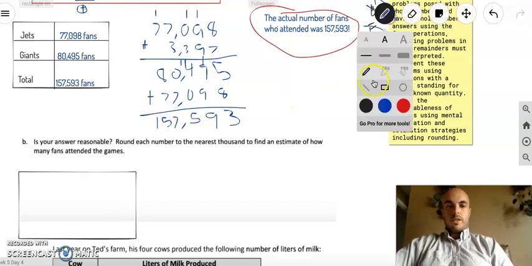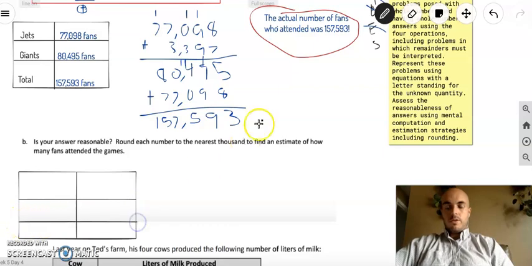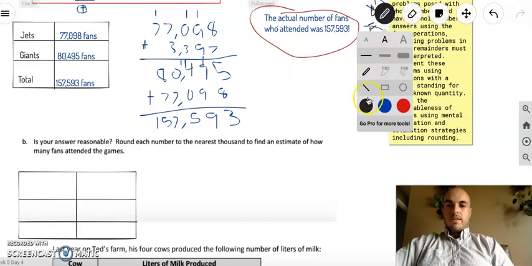So what I'm going to do for this is build myself another chart, of course. Like so. And I'm just going to bring these numbers now down and reformat them.